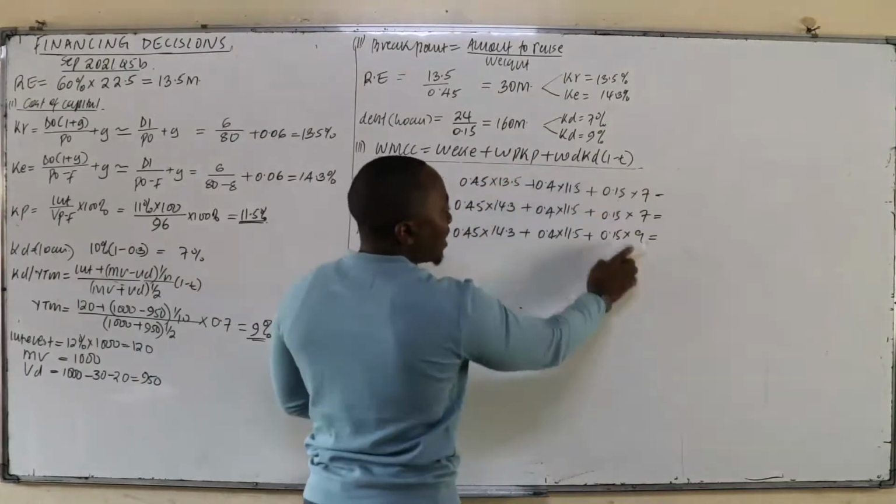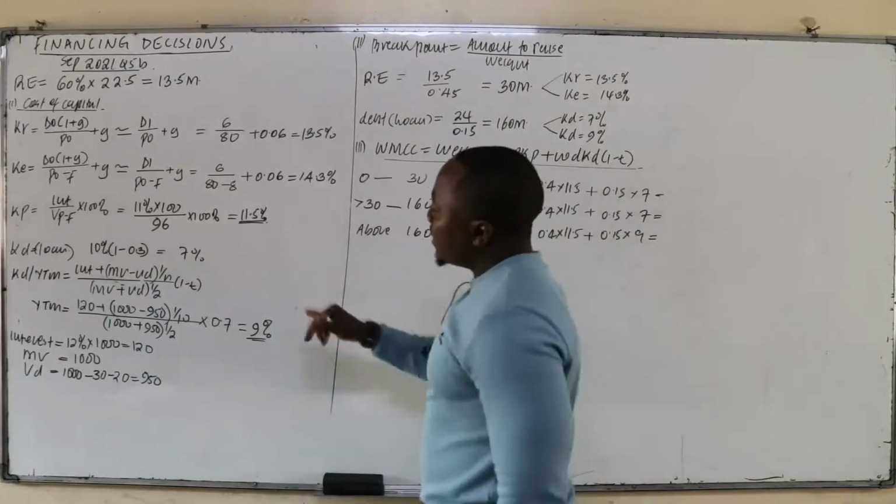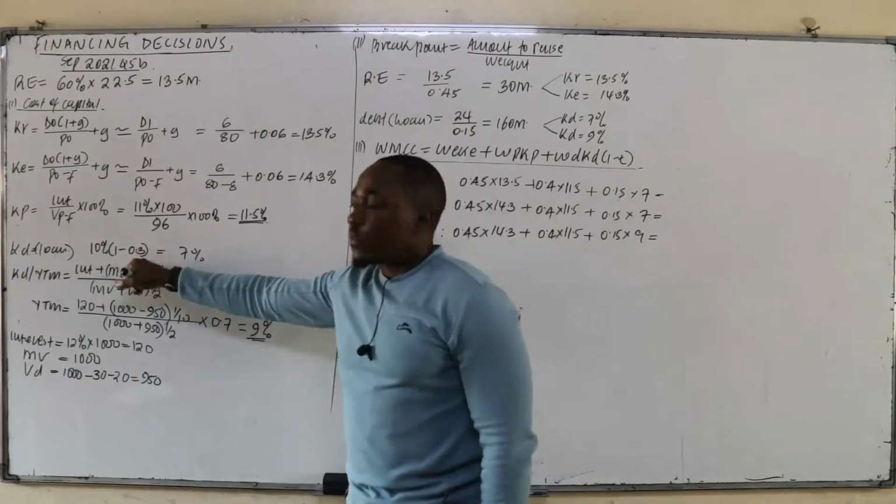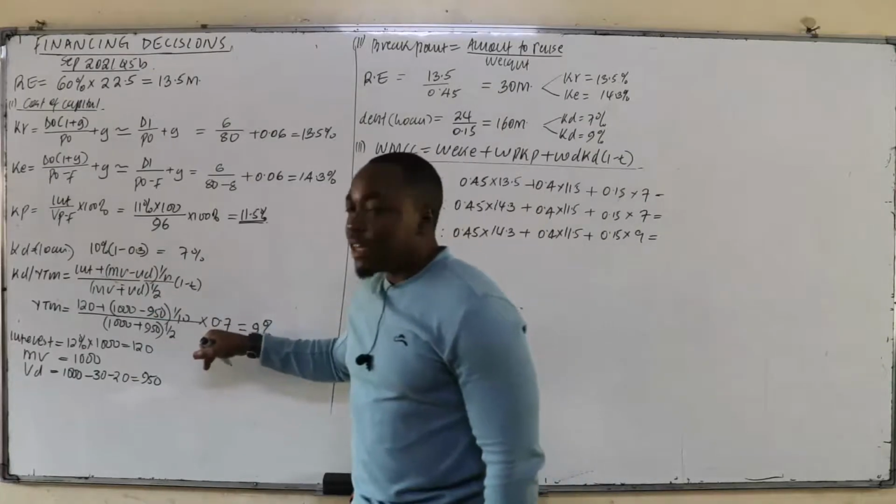Then there is 1 minus T. So in this case, you don't factor 1 minus T, because the 7% was already net of tax. Also, this 9% was already net of tax.